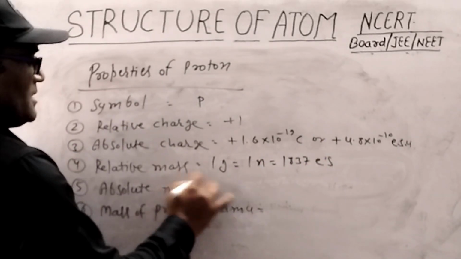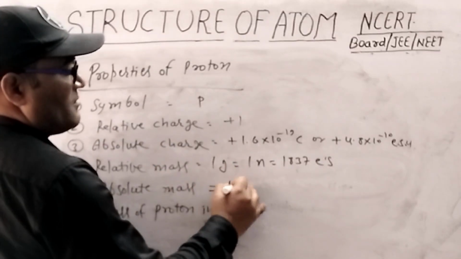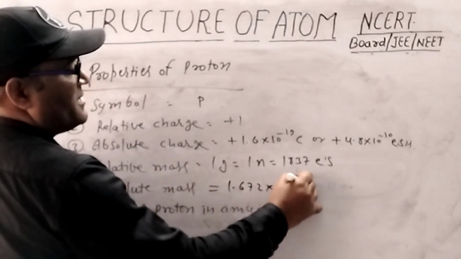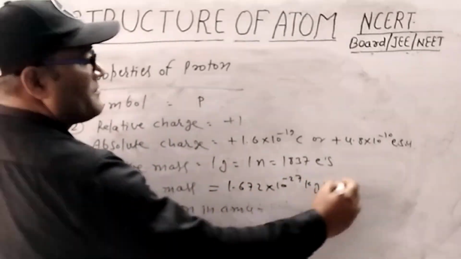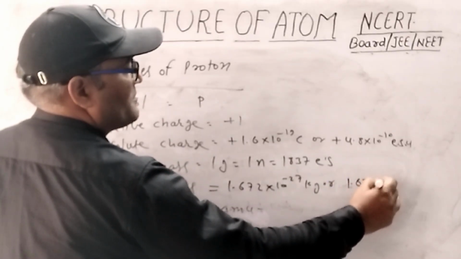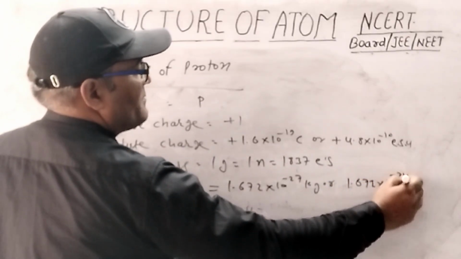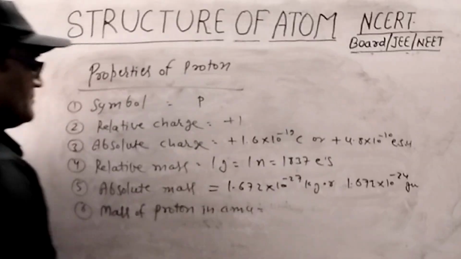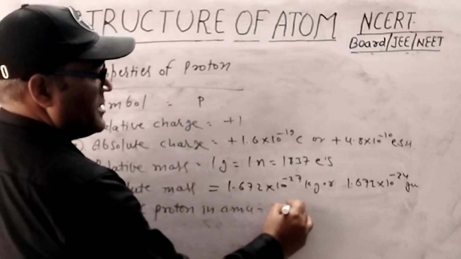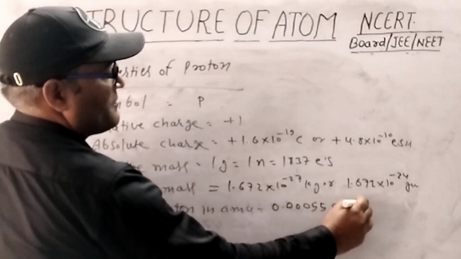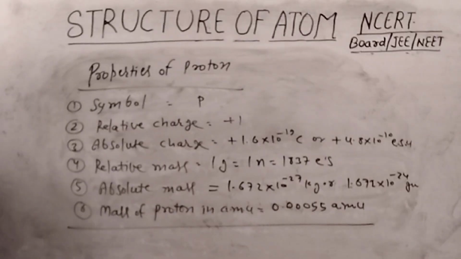Now absolute mass of proton is 1.672 into 10 to the power minus 27 kg, or 1.672 into 10 to the power minus 24 gram. Now mass of proton in AMU, 0.00055 AMU. So you can take a screenshot.